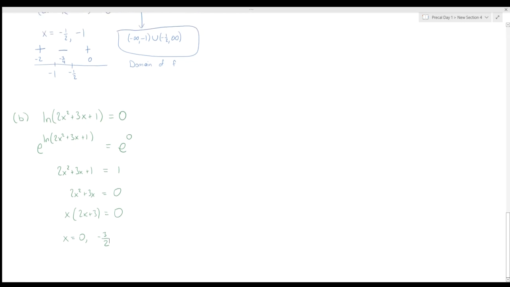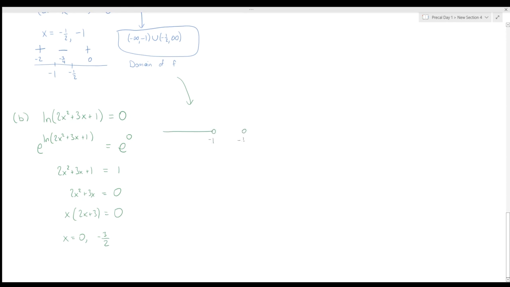Okay, now, when you're solving for the zeros, you do want to pay attention to your domain. Just make sure that the two values that you solved for are in the domain, right? So if I draw a picture of the domain, it's minus infinity to minus 1.